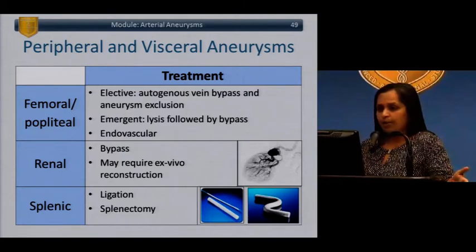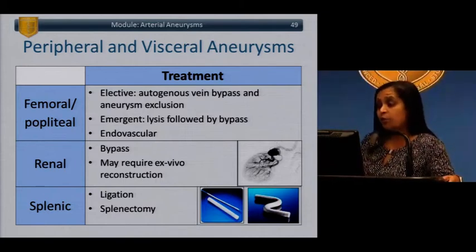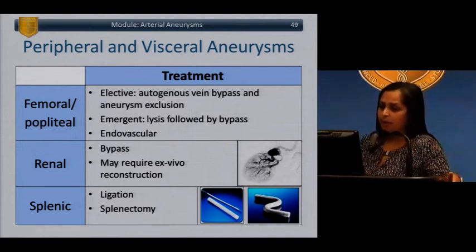How do we repair them? For femoral popliteal aneurysms, electively, some sort of bypass and aneurysm exclusion. In the urgent setting, if the aneurysm has thrombosed, you want to consider lysing the aneurysm to improve the outflow, followed by some sort of bypass or endovascular repair. Renal aneurysms are often treated with bypass.